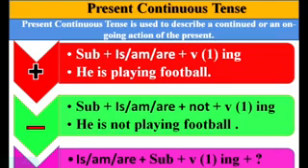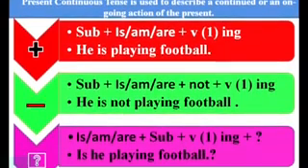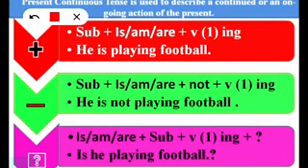See the first one, positive sentence. He is playing football. Here, is plus verb plus ing. As he is singular, we are adding is along with it. So, he is playing football.